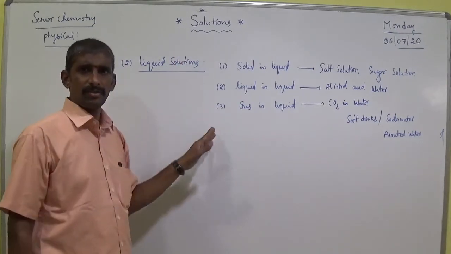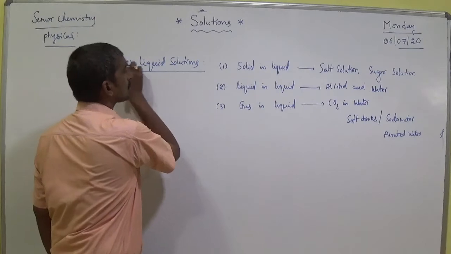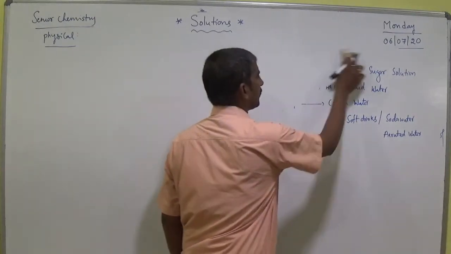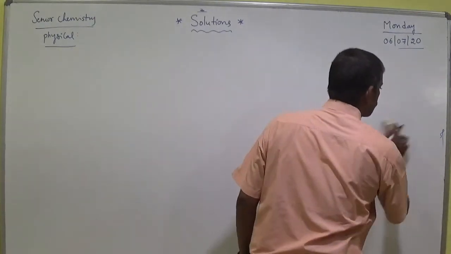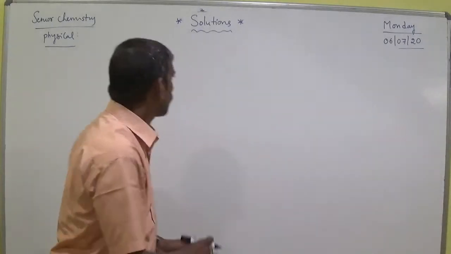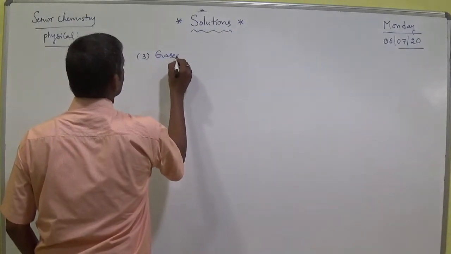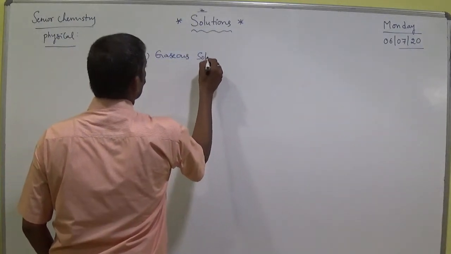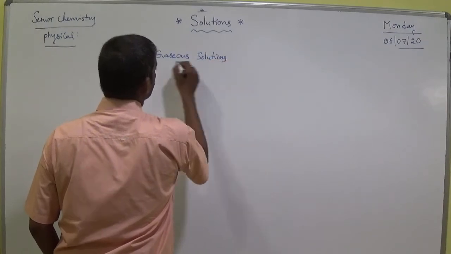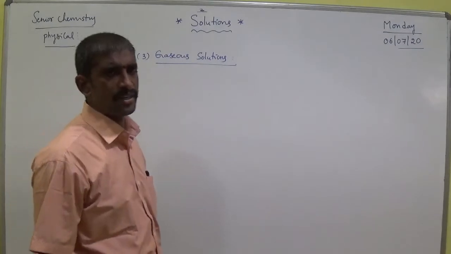These are theory points. After that I will start the numerical formulas. Liquid solutions are completed, and the third and last category is gaseous solutions. In a gaseous solution, which one is the solvent? Gas is the solvent. The third one is gaseous solutions, where the solvent is gas.